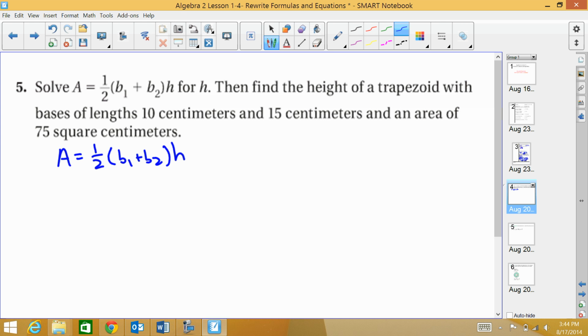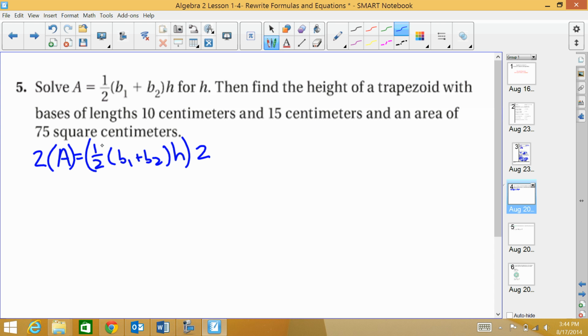So since all of this is multiplied together, how would I cancel it out to get h by itself? Well, there's two ways you can do that. You can just divide everything by 1/2 times base 1 plus base 2, or, and this is what they usually do in the book, to cancel out the 1/2, they usually multiply by 2 since that's the reciprocal of 1/2. So I'm going to go ahead and do that first, just since that's how the book usually works it out.